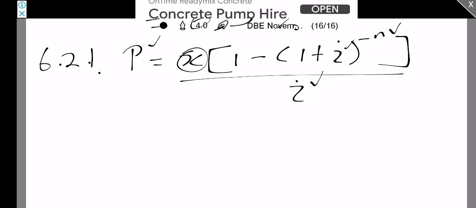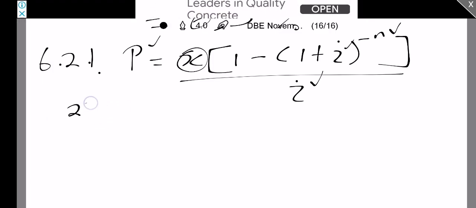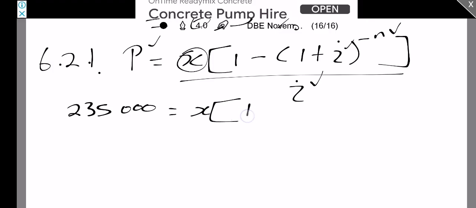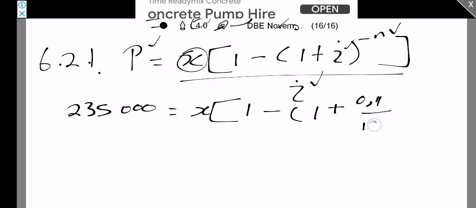Now guys, let's substitute in the values we were given. The loan was worth 235,000, equals x into 1 minus 1 plus, the interest rate was 11%, so it's going to be 0.11 compounded monthly.